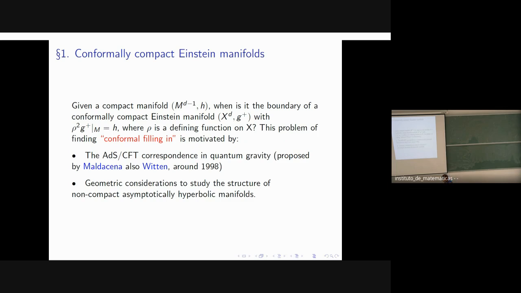And of course, geometrically, what we call a conformally compact manifold is a subclass of asymptotically hyperbolic manifolds. Asymptotically hyperbolic means the sectional curvature tends to -1 on the boundary. So this happens to be true. So asymptotically hyperbolic metrics are well studied. This is a topic of study in geometry.